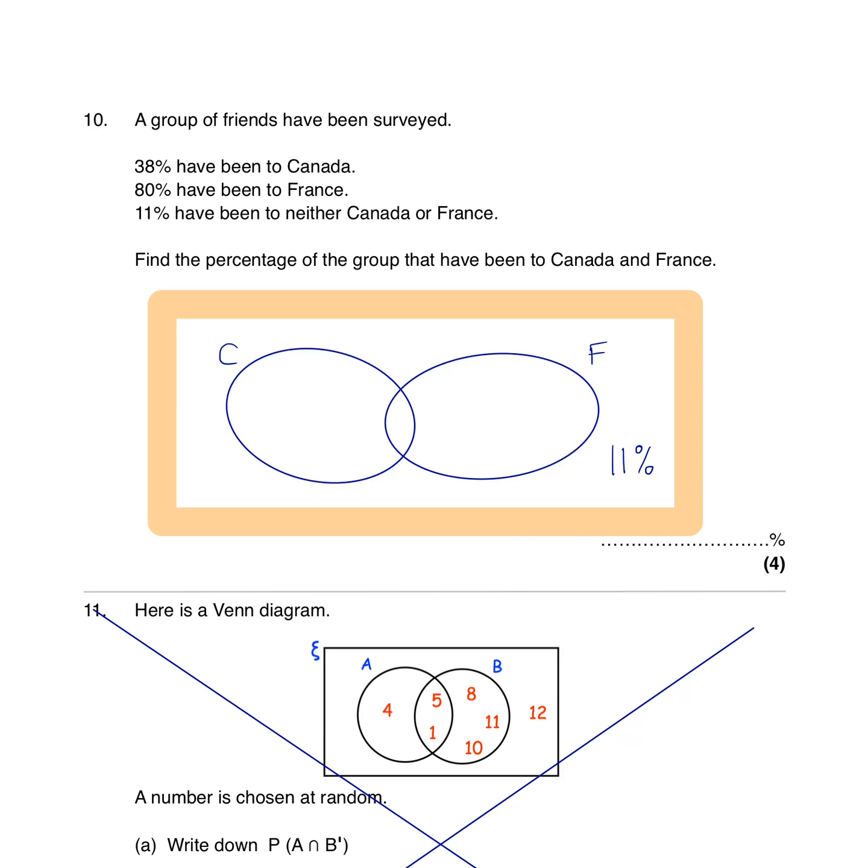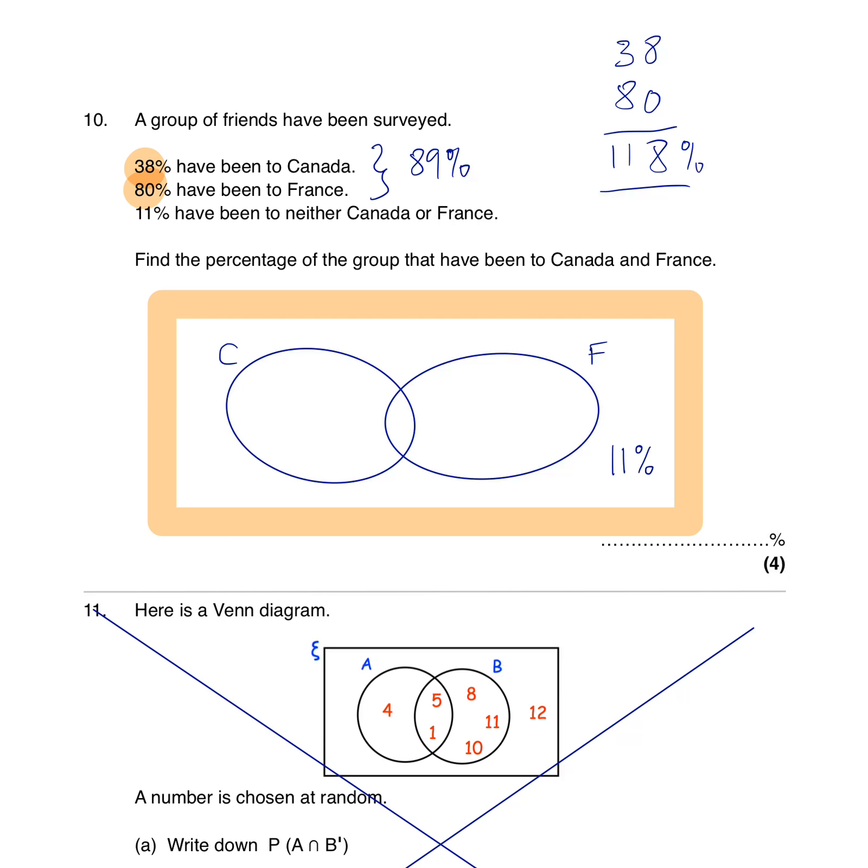Again, if you have a look here, the 38 and the 80% comes to more than 100% of the people. And I actually know, because of the 11% that are already outside, that the total for these two should only be 89%, because the 11% is already on the outside. So the 38% and the 80%, which comes to 118, is because some people are being counted twice in that middle section.